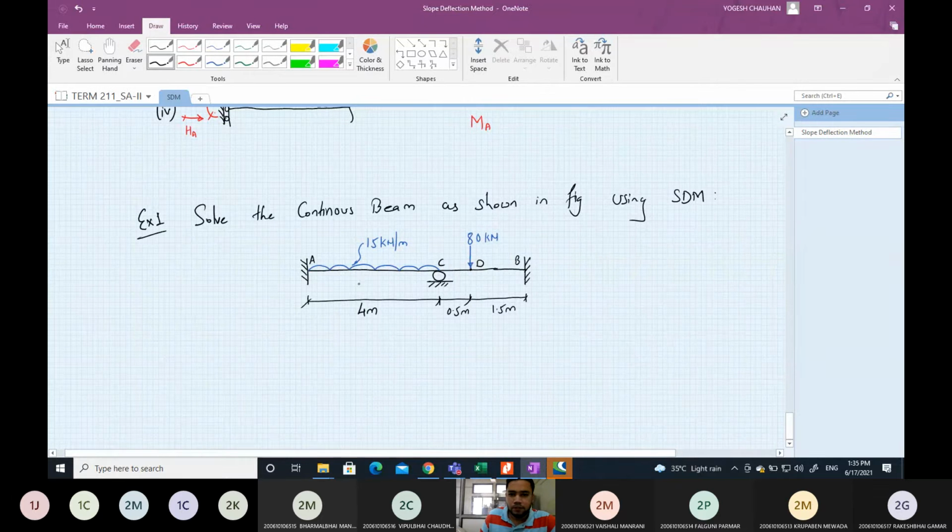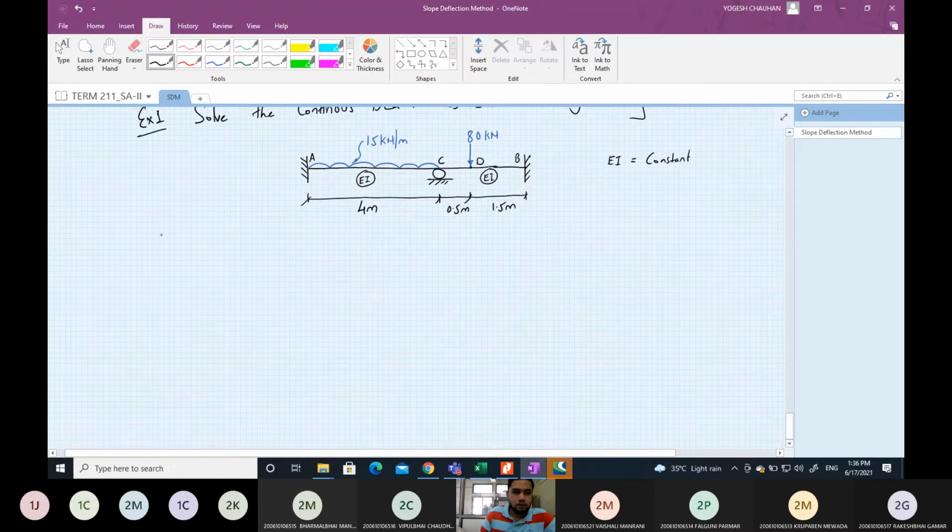And for this example, let us say EI is constant. The flexural rigidity of the beam is constant. Now we want to analyze this beam. So let us solve this.